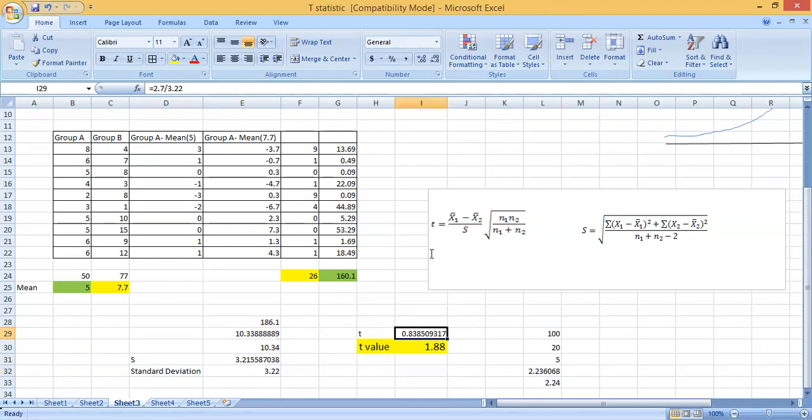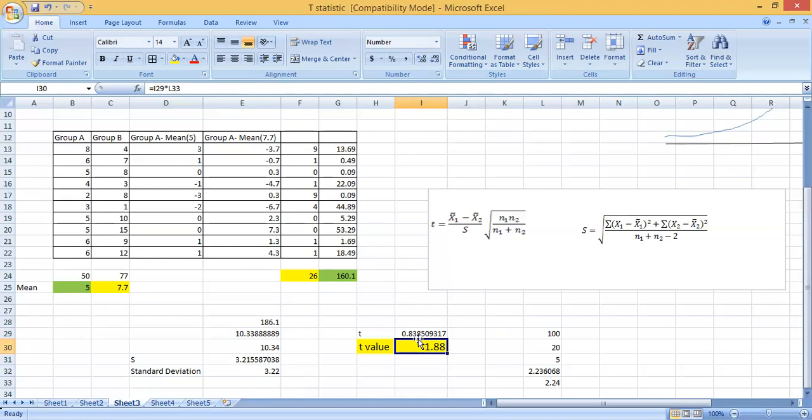What is x1 bar? x1 bar is 5, x2 bar is 7.7, and if you take the mod of the difference, that is 2.7. So you have to divide 2.7 by 3.22, where 3.22 is the standard deviation. So we have this value, 0.83 or 0.84.